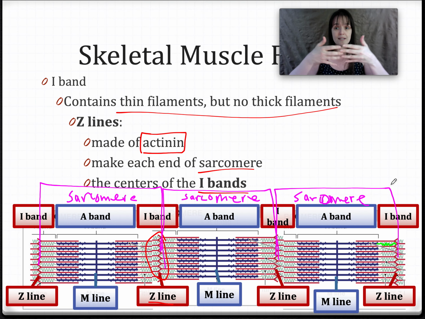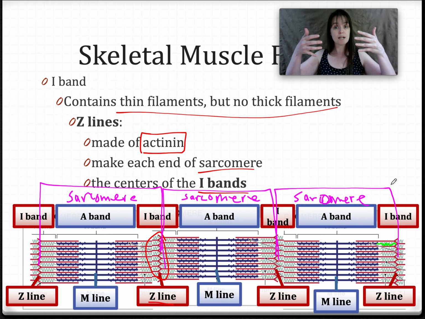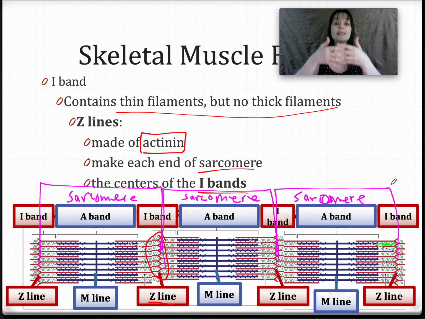So we've got the springy green titin there. It's not actually green in the body, and thick and thin filaments aren't actually red and blue either. Okay. And so if it were to get overstretched, then the titin is in between and allows them to line back up so that that muscle is functional for you again.